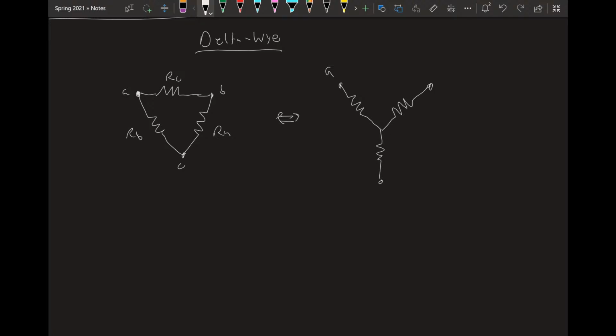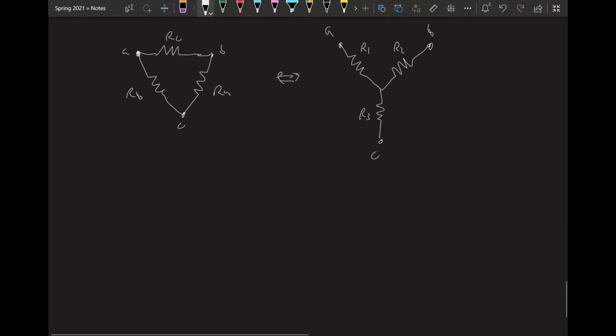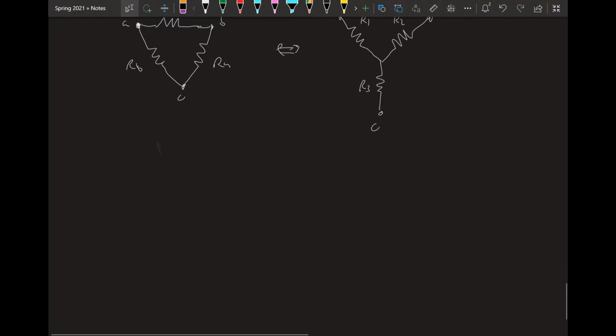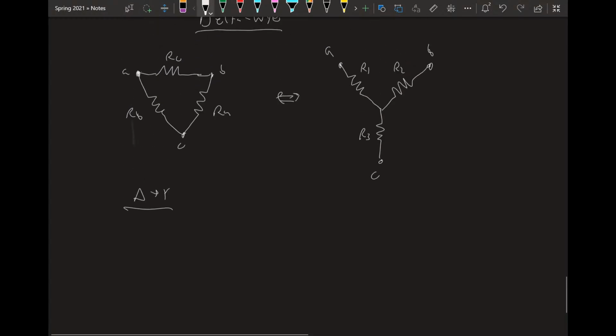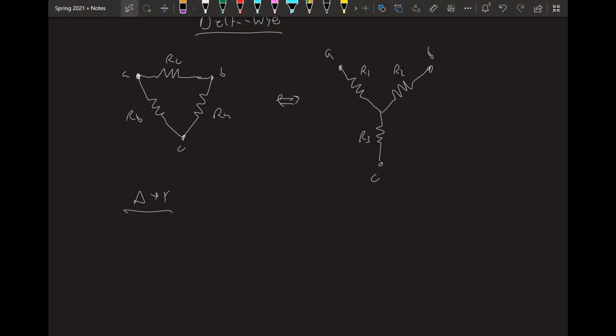Yes, these are delta Y circuits, where these nodes are like this. I had my formulas wrong earlier, so I hope I corrected it. But if my notes are correct, if you're going from delta to Y, you want to solve for R1, R2, R3 based on RA, RB, RC. So R1 is going to equal RB times RC over RA plus RB plus RC.